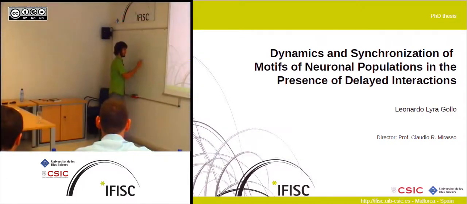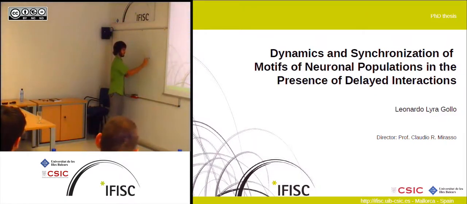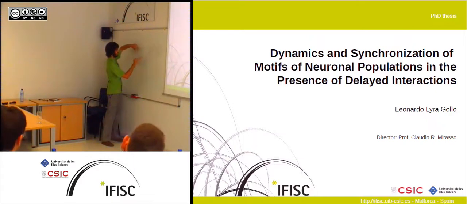So if this is the mediator and these are the outer nodes, we are considering the going back and forth. We saw that it's very important to compare one branch to the other. But if this is tau 1 and this is tau 2, it is not very important to have this difference.